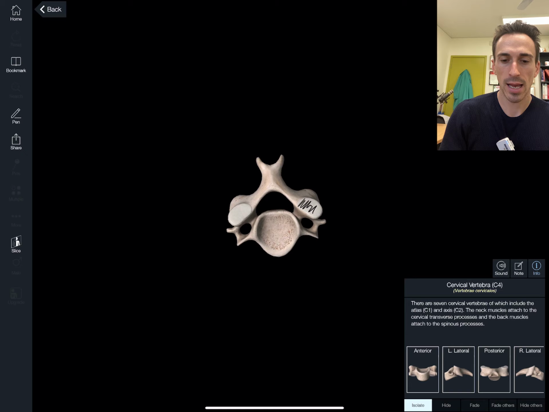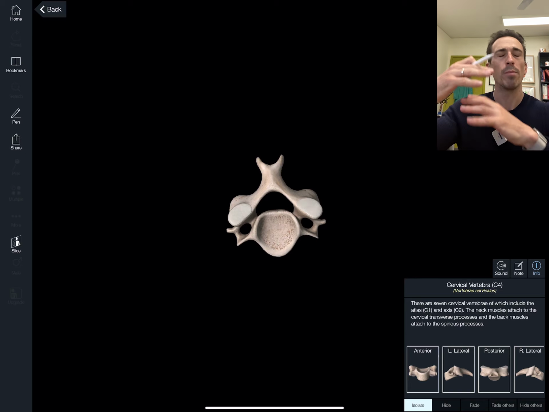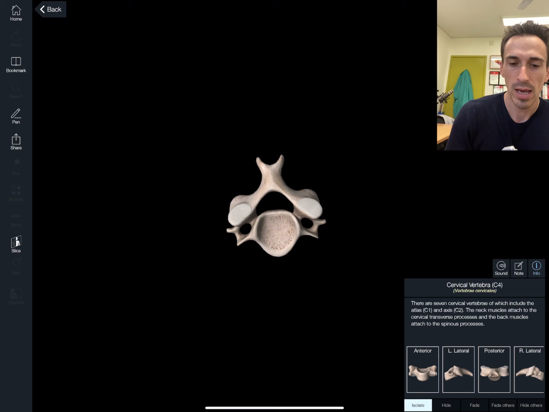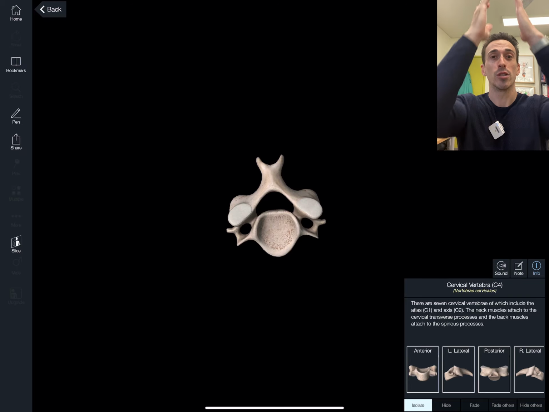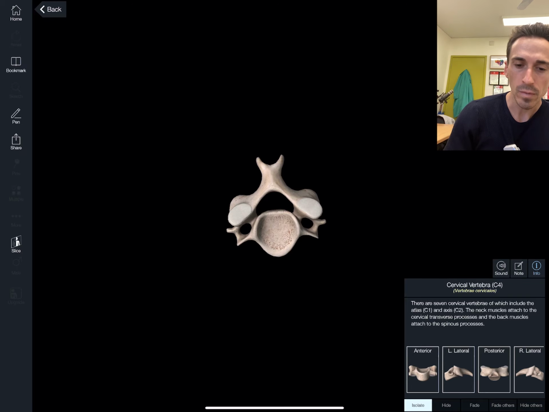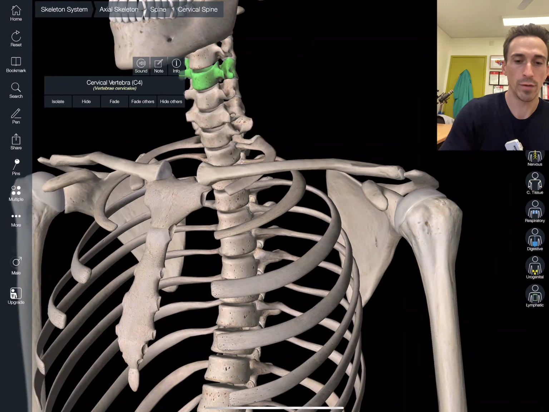You can see there's an area here where one cartilage is talking to the next. One bone is talking to the next above it. And this little gap here, that's going to be for the spinal cord. And these gaps here, these foramina, meaning little holes, that's for blood vessels to move up. All right, so that's the cervical vertebrae.